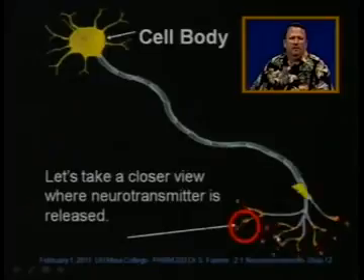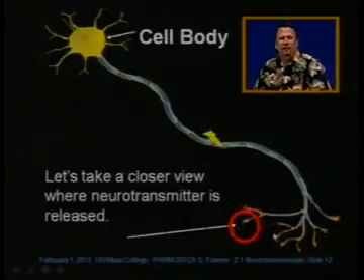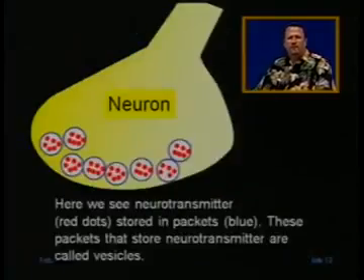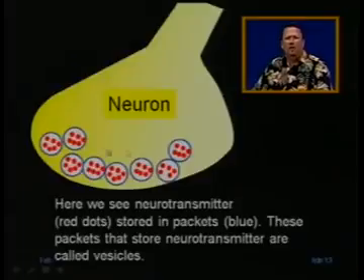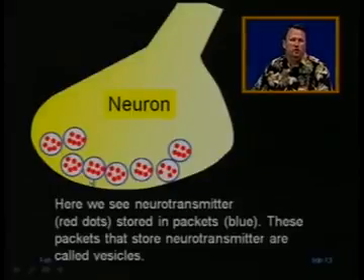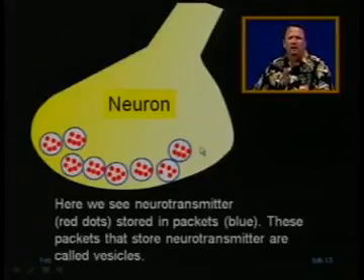So let's take a close view at where the neurotransmitter is released, these synaptic terminals. And here is the end of the neuron where the neurotransmitter is released. Here, the little red dots are supposed to be neurotransmitter, and they're packed in little packets called vesicles, and they're outlined in blue.